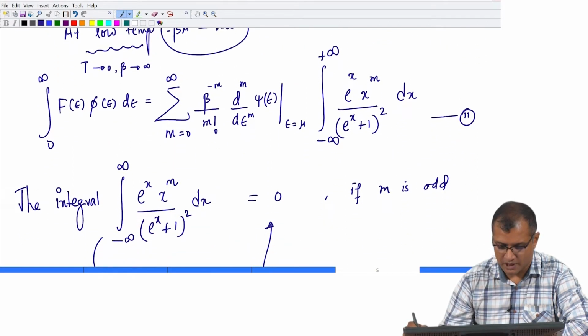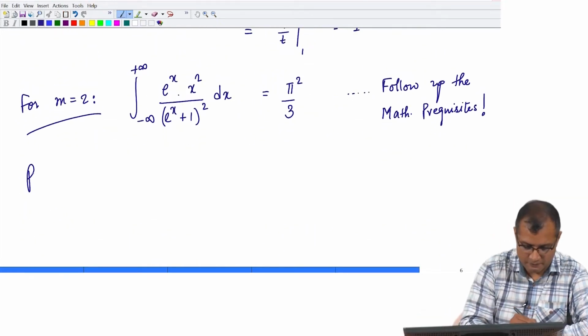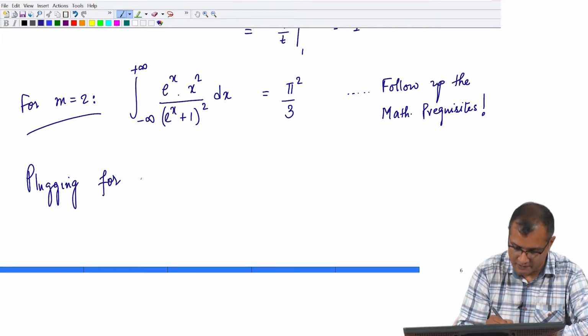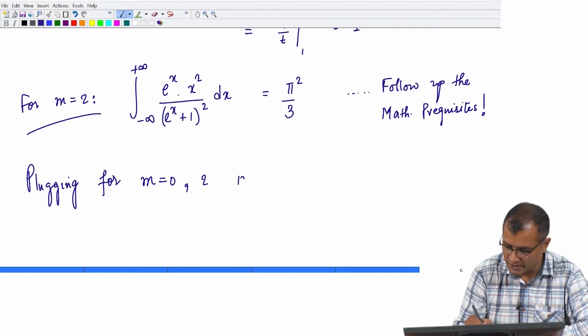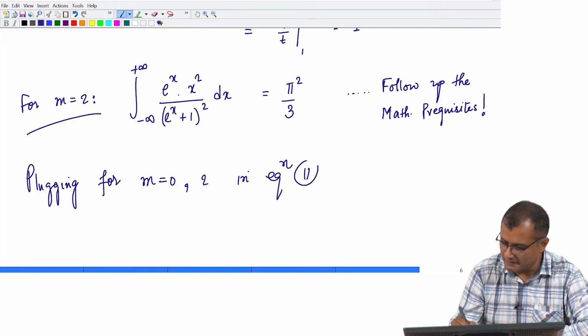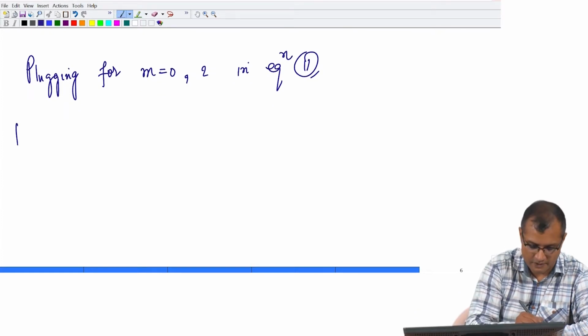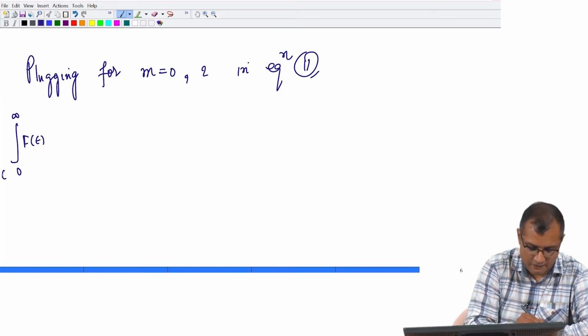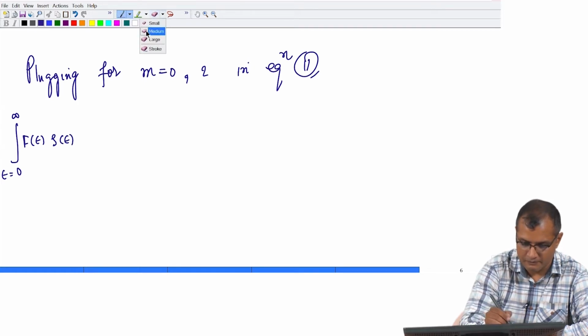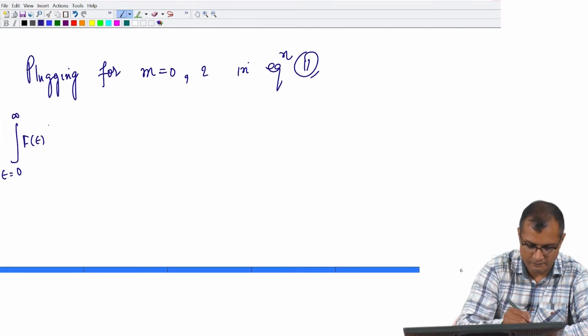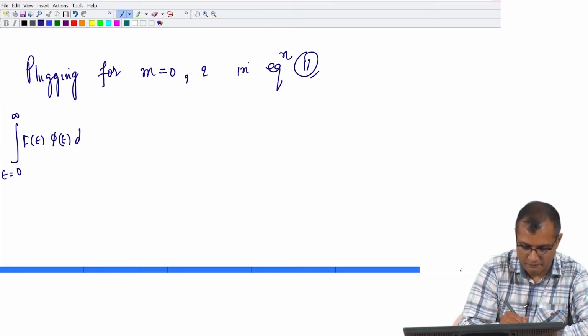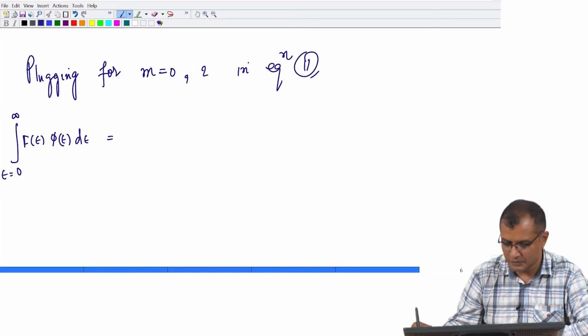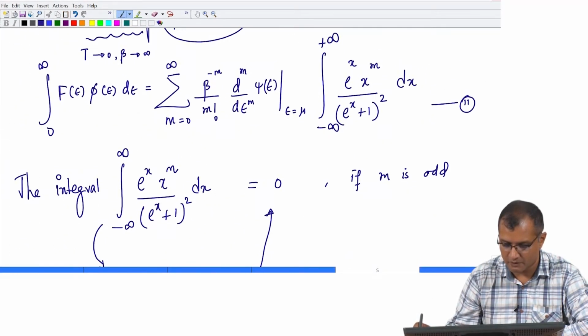So, I will say that plugging m equals 0 and 2 in equation 11, we get the final answer as the integral 0 to infinity, as the first term would be just m equal to 0.